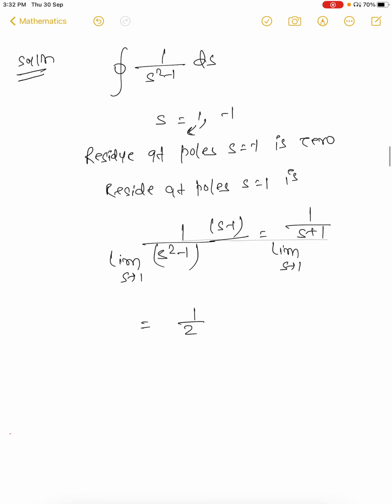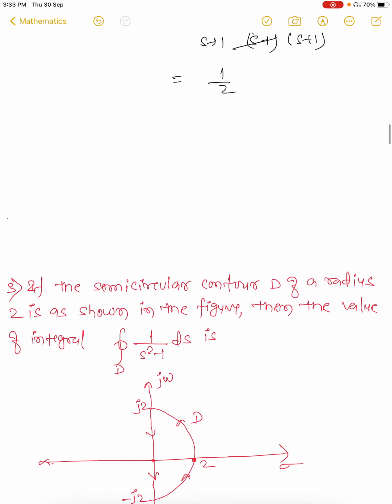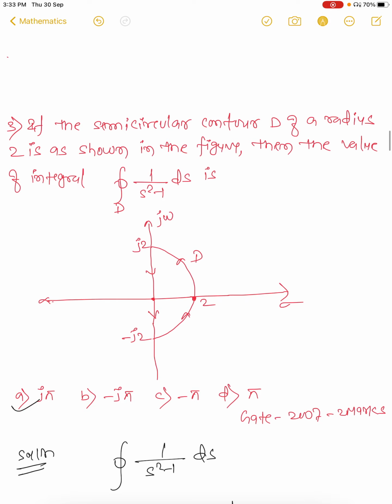So the integration will be 2 pi j into the residue 1 by 2, so it will be pi j.